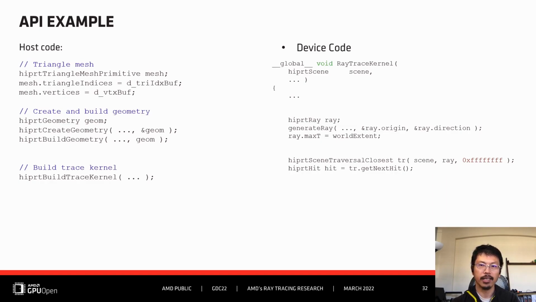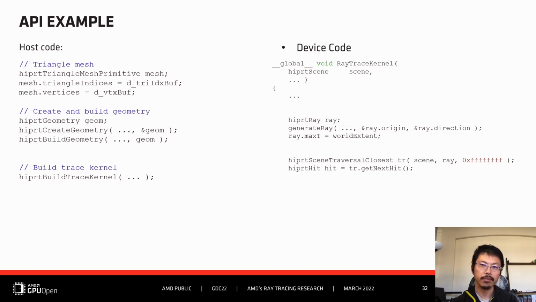And then as you can see in this example, we are passing the HipRT scene in the first argument. Then in the kernel, you simply create a HipRT ray, fill the member variables, then create this HipRT scene traversal closest object, which keeps the state of the traversal.